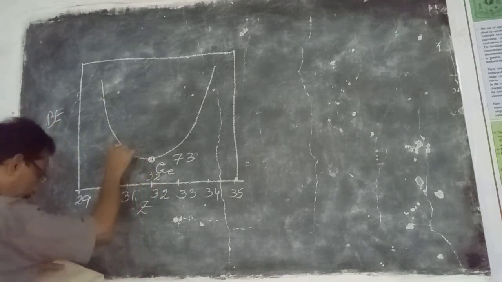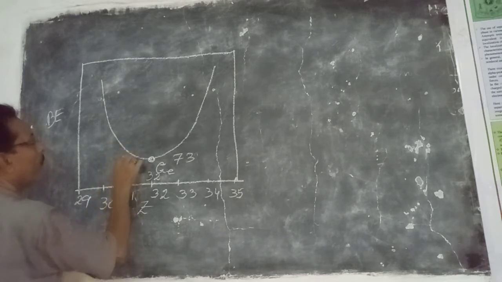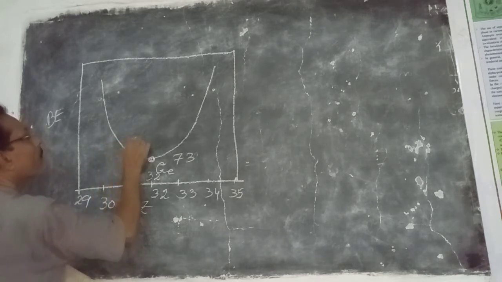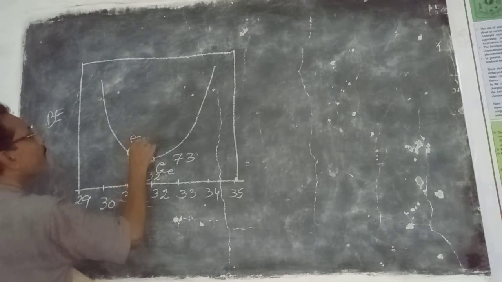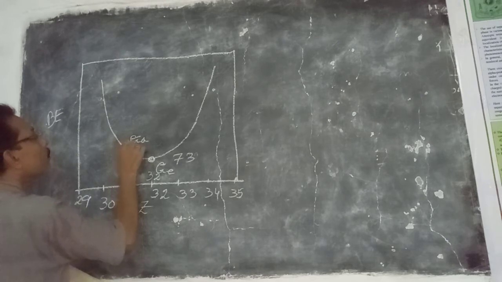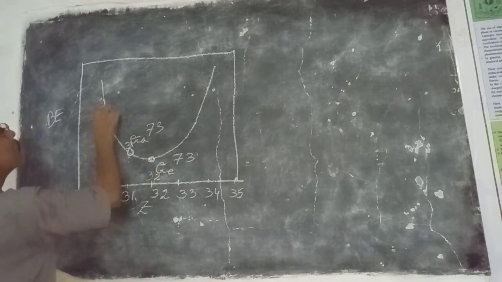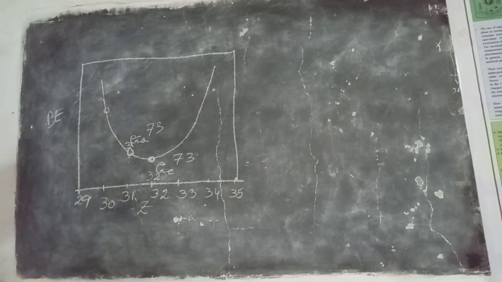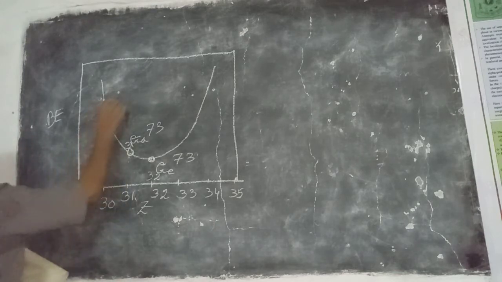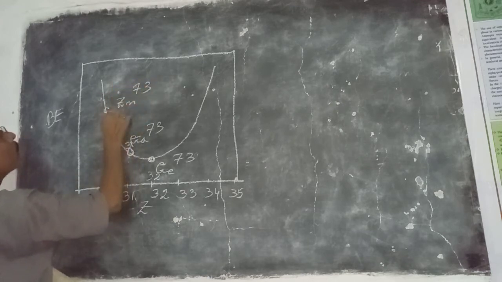Then here we get gallium, Z 31. Here we get zinc, Z 30.